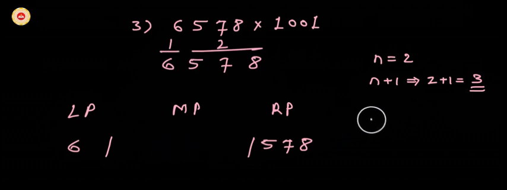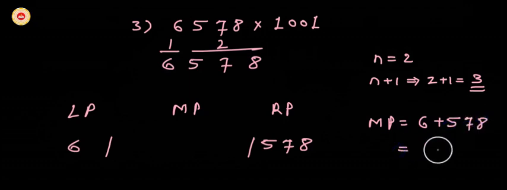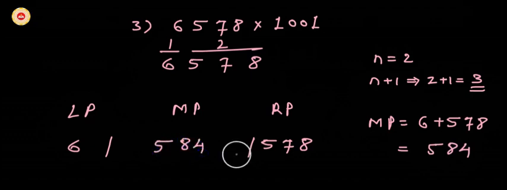So let us add. 6 plus 578. Now 578 plus 6 is 584. Write 584 in the middle part. Yes, now we have calculated the answer. We have written the answer in three parts.